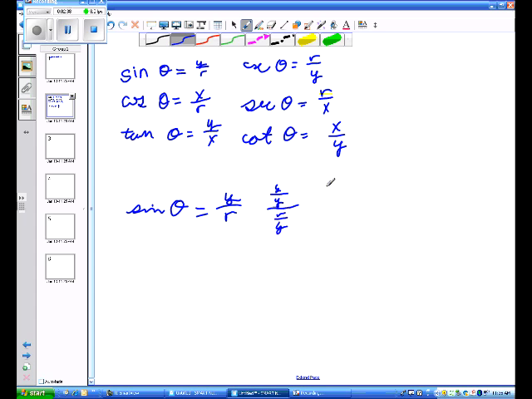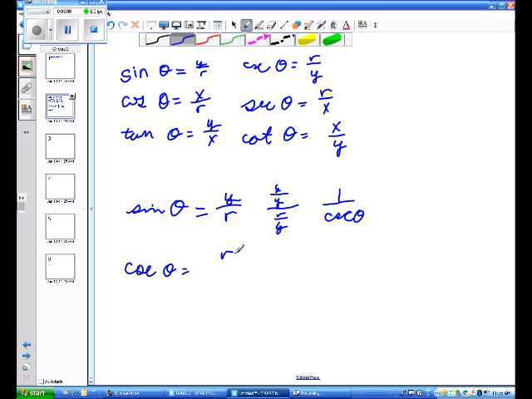Well, we know that y divided by y is 1, and we know by definition that r divided by y is cosecant. So what we found is that the sine of theta is equal to the reciprocal of the cosecant of that same angle. It would work if we started with the cosecant, and let's do that.